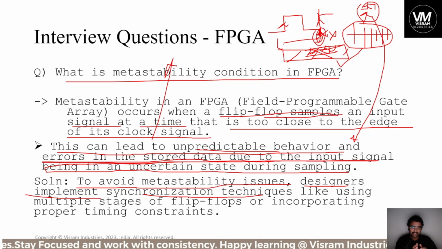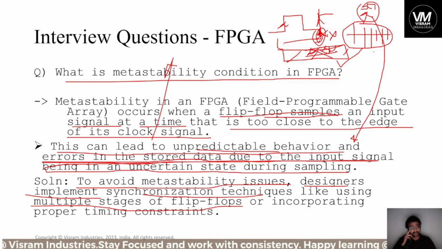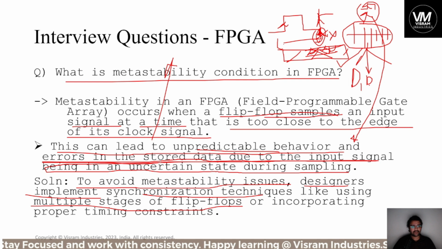Synchronization involves clock signals. For every clock pulse, this much of samples can be sent through the next module, or this much of data is transmitted in a particular clock period. That is called synchronization techniques using multiple stages of flip-flops. For example, if this sample is in one D flip-flop, what if this sample is split into two and sent through two D flip-flops, or sampled with three and you have three D flip-flops.